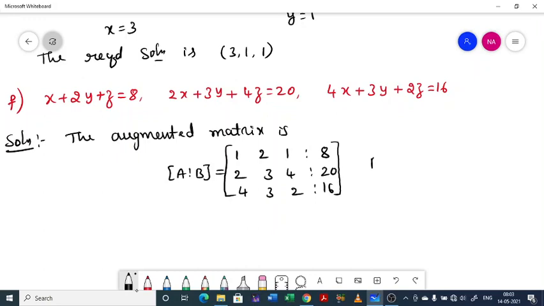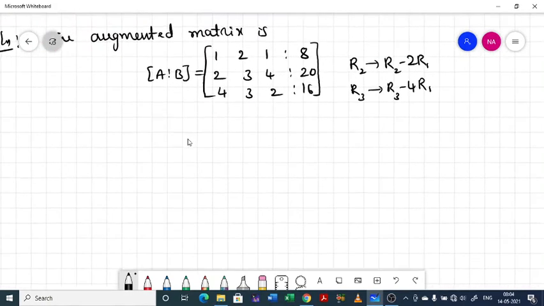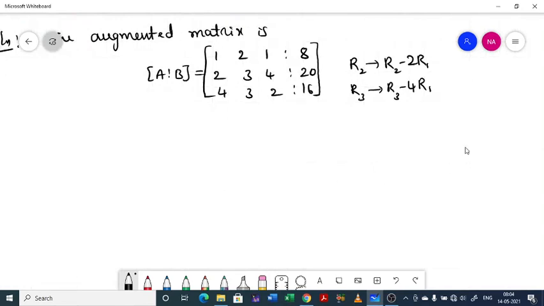Now the operations are R2 changes to R2 minus 2R1, R3 changes to R3 minus 4R1. The matrix is equivalent to 1, 2, 1 colon 8, there is no change in this.